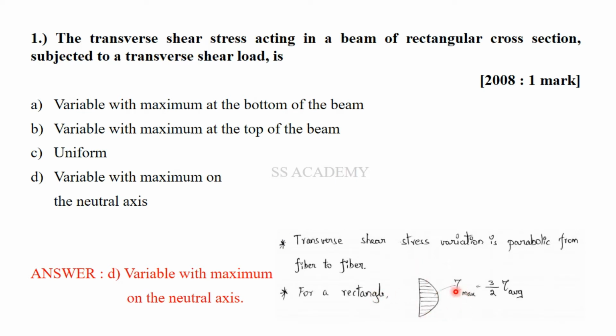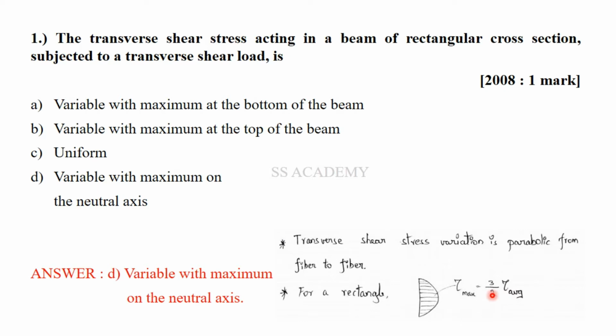So tau max is calculated as 3 by 2 tau average. It is derived using certain formulae and conditions. You just remember this term and you should remember what tau average is. Tau average refers to shear force at that cross section divided by the cross sectional area. Here it is a rectangle, so it is F divided by the area, where F refers to the shear force.